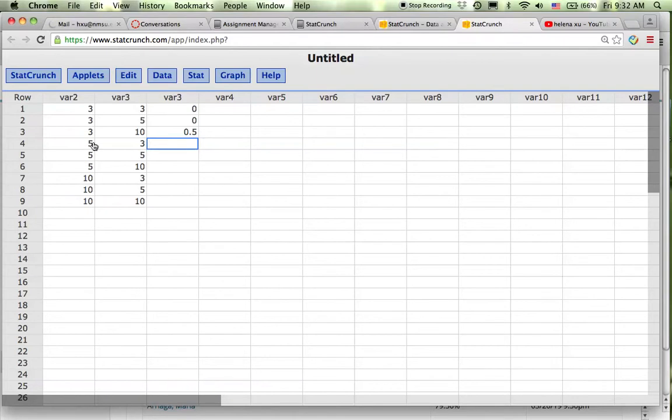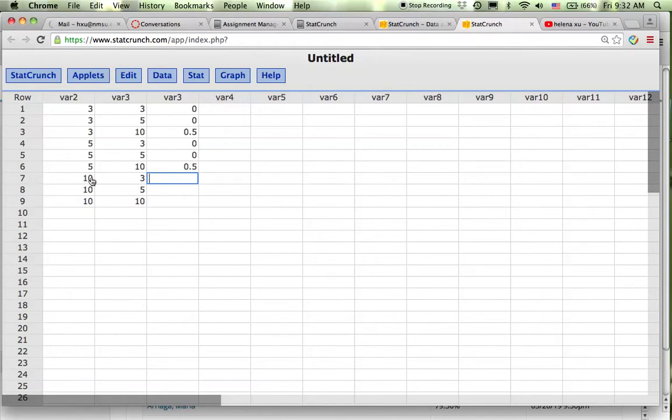Number 4, 5 and 3, both are odd numbers, so again 0. 5, the same. For the sixth, you have 5, 10, so 10 is an even number, again 1 out of 2, 0.5.